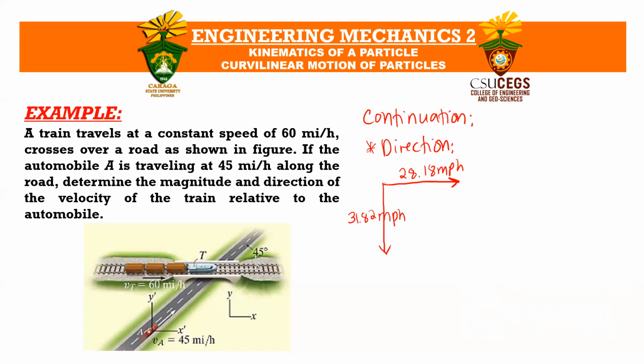So this is your velocity of the train relative to the automobile, which is equal to 42.50 miles per hour.